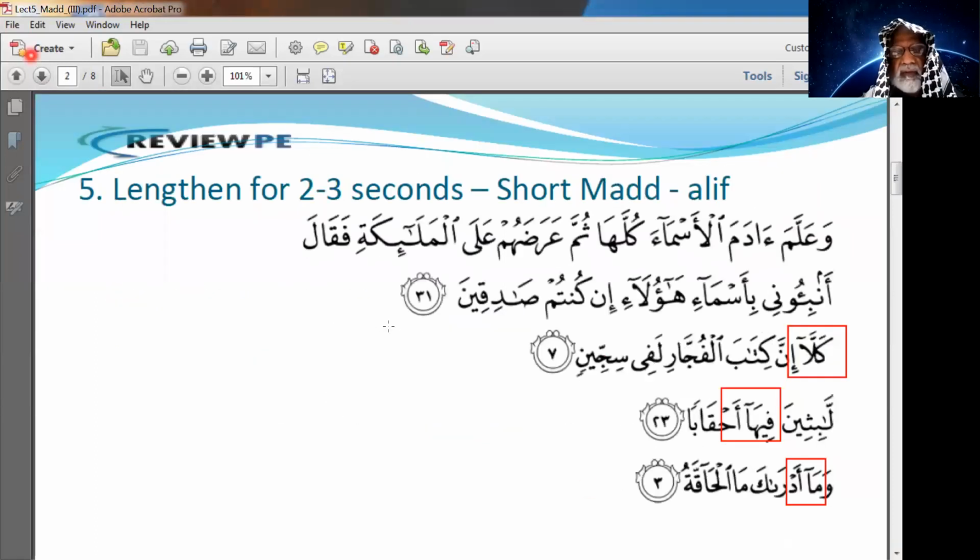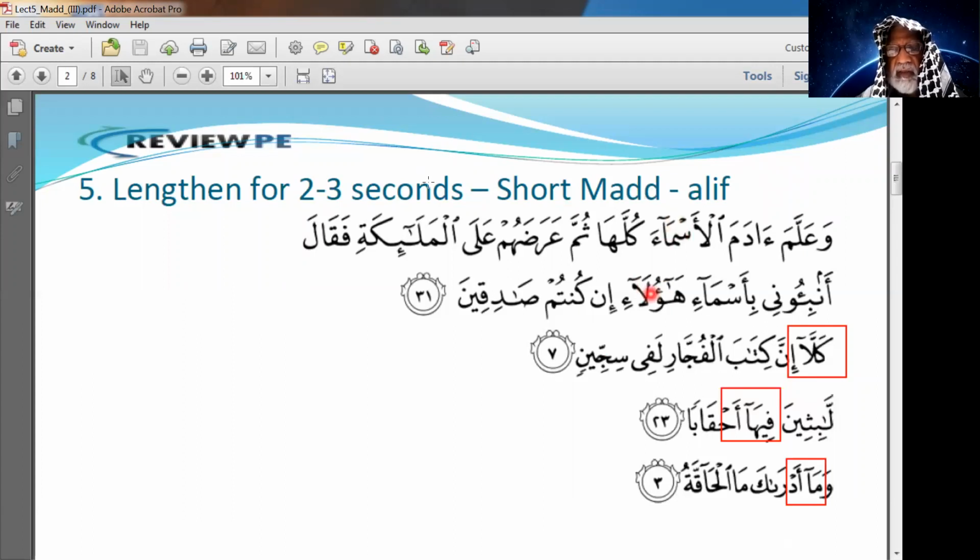Let's see the next one. Again we have over here, although you do see muds over here and over here, but these are a different kind.